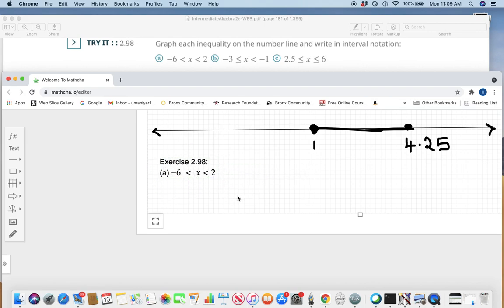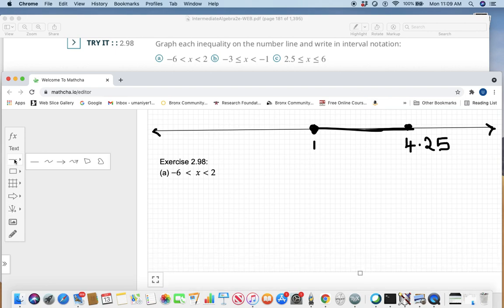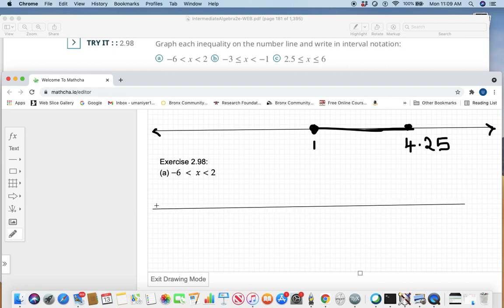So let's draw a line first, number line. Drawing arrows. -6 out here and 2 out here.